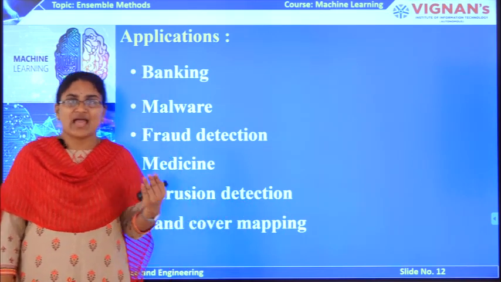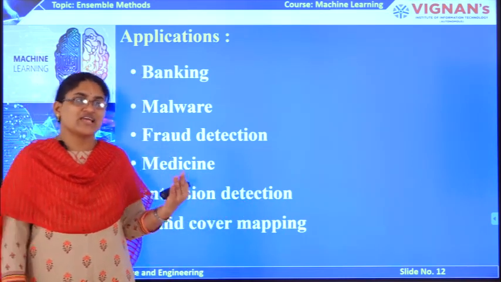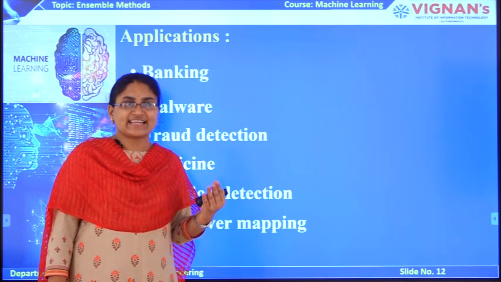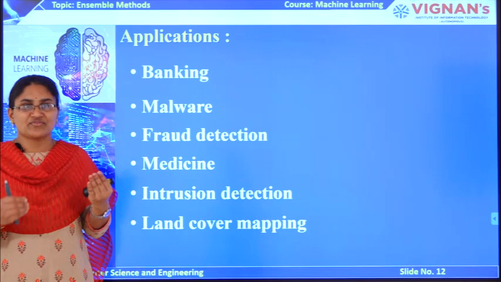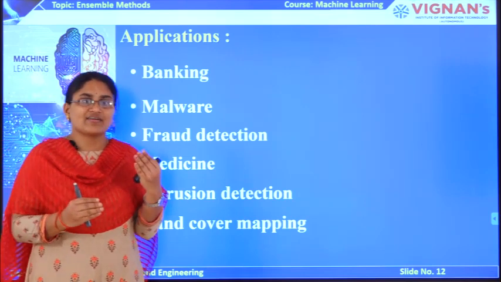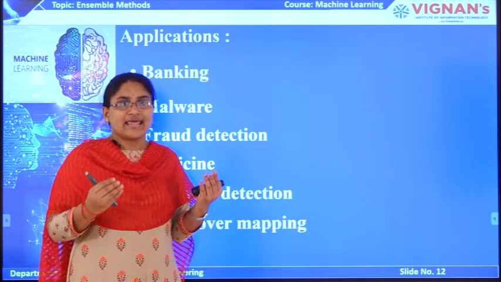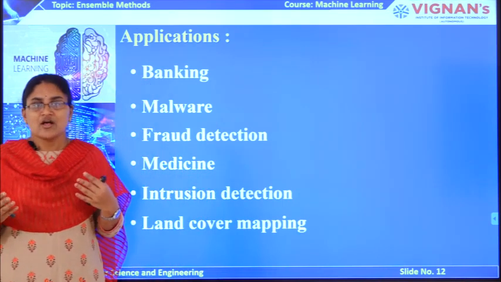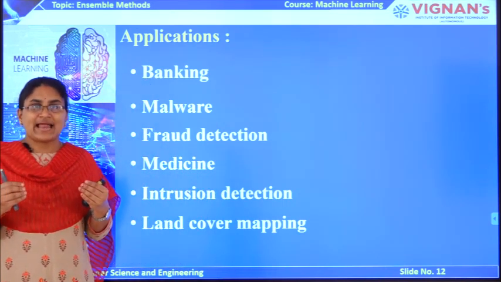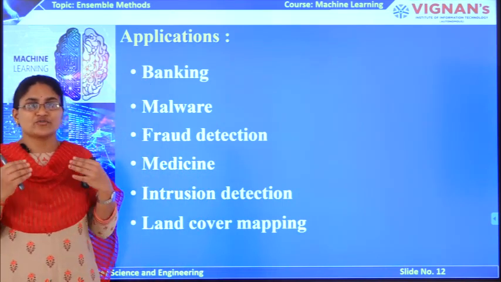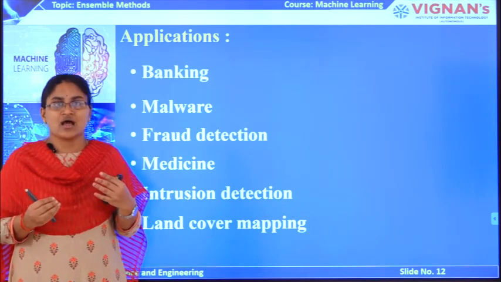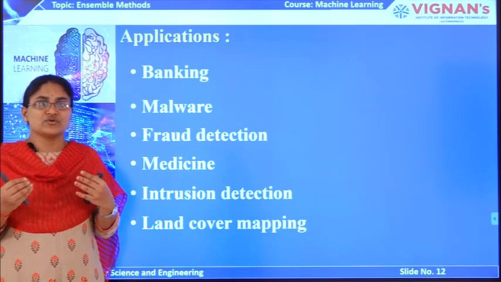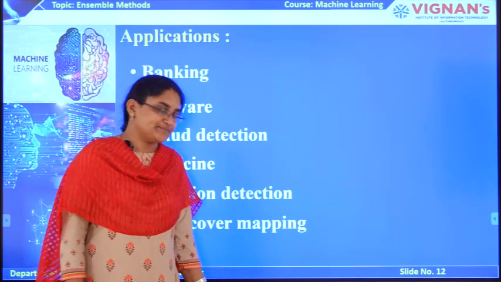Land cover mapping is an application of earth observing satellite sensors based on remote sensing, which is used for identification of land cover objects like rivers, lakes, buildings, roads. For better and more efficient identification of those land cover objects, the ensemble techniques are used with the boosting method.